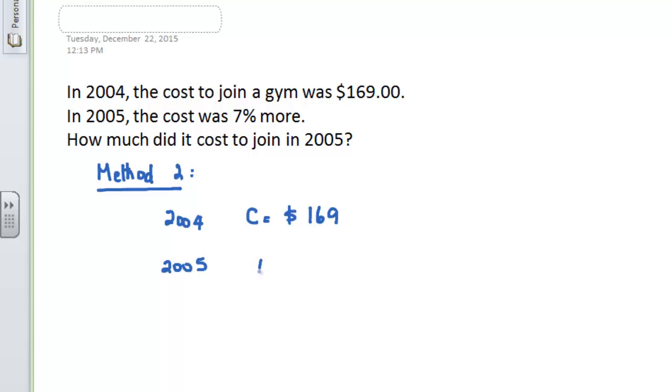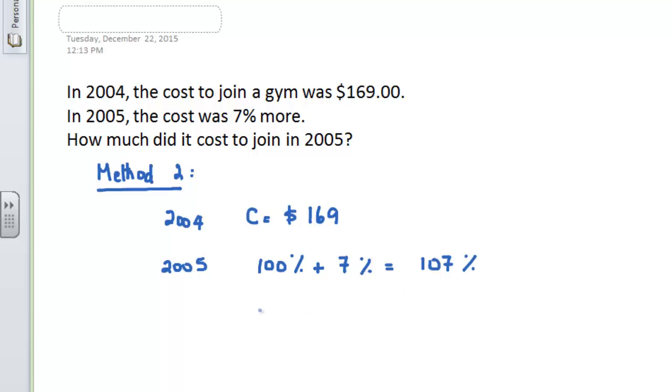That means I have my 100% plus I have 7% more. That means I have what? I have 107%. Why do I have to use 2 steps as before? Why don't I jump to 107% right away?